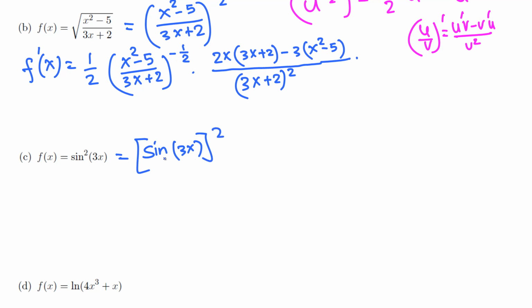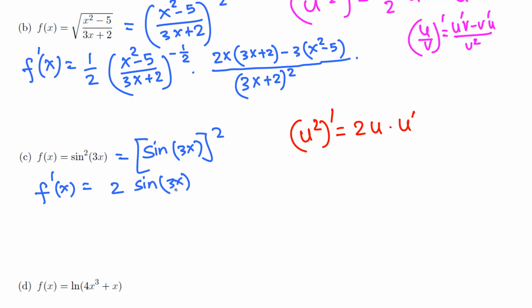It's like u squared now, and whenever we have u squared, it's the power rule, 2u to the 1 (not needed) times u prime from the chain rule. So that is in this case 2 sine 3x, times the derivative of sine 3x.